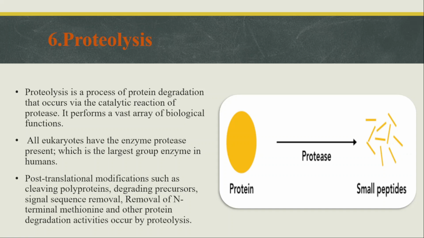Post-translational modifications such as cleaving polyproteins, degrading precursors, signal sequence removal, removal of N-terminal methionine, and other protein degradation activities occur by proteolysis. Here in the picture we can see that a protein, by the action of protease, is converted into small peptides.